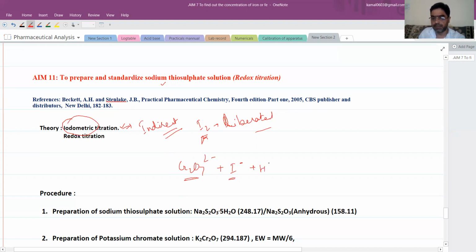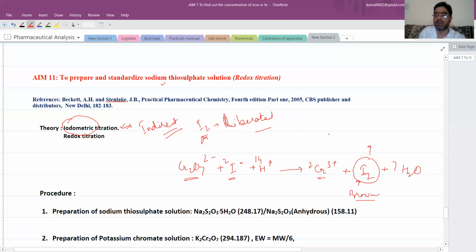In the presence of acidic media, it will convert into chromium ion, and this chromium ion has a green color, and the iodide will convert into iodine. Iodine has a brown color. So our flask will be brown in color due to the presence of this iodine, and there will be formation of water molecules. When you balance it, it will be like this: 2I, 14, 7. So the liberated iodine will be there.